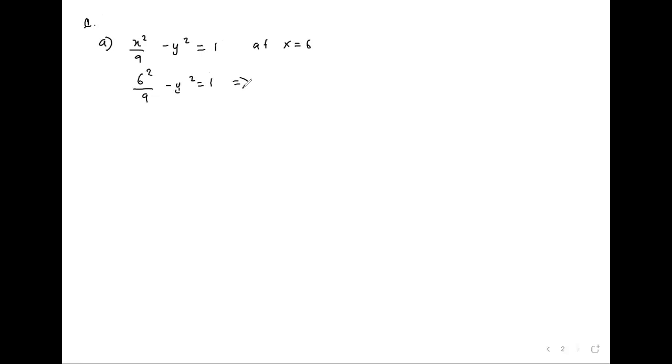So we'll get y squared is equal to 36 over 9 minus 1. That is 4 minus 1, which is 3. So y squared is equal to 3, implying that y is plus or minus root 3. So what we have is (6, root 3) and (6, negative root 3). These 2 points.